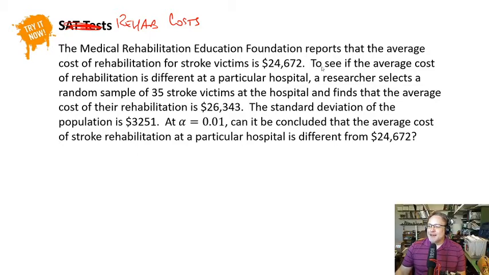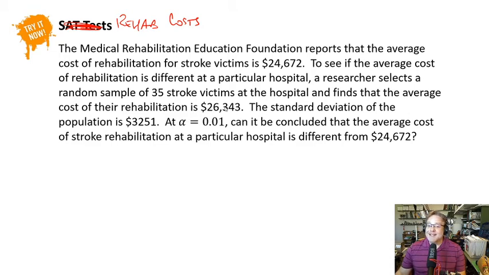It's amazing. To see if the average cost of rehabilitation is different at a particular hospital, a researcher selects a random sample of 35 stroke victims at the hospital and finds that the average cost of their rehabilitation is $26,343. Okay, so that is bigger than the national average.